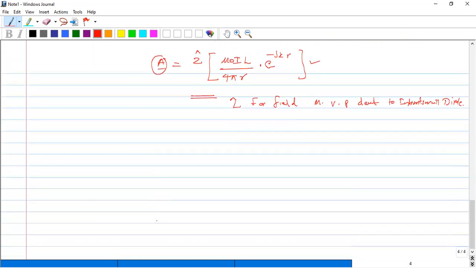Now you can easily find the H field, the magnetic field.